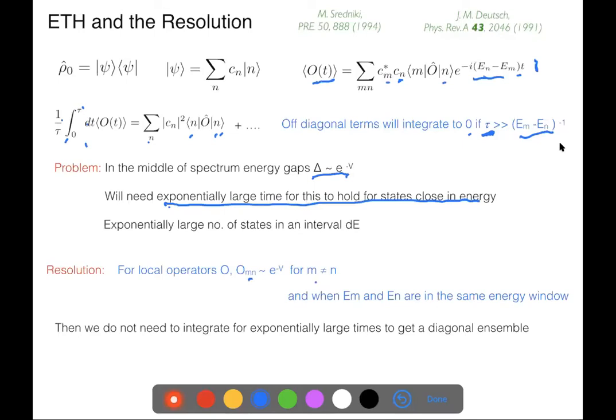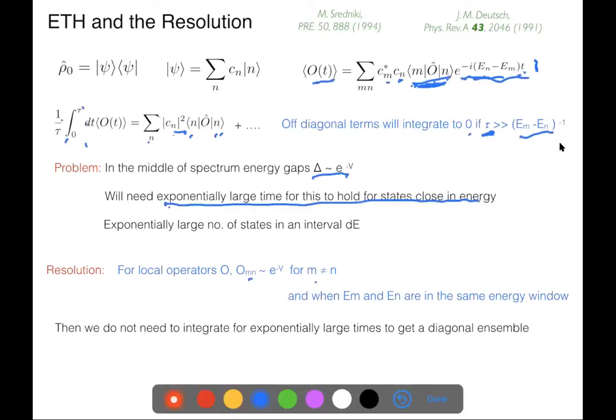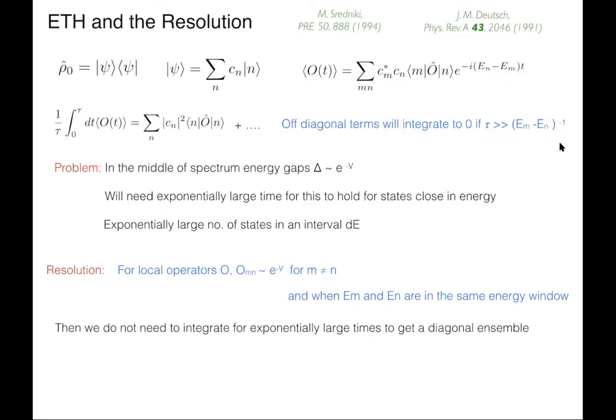So you're saying, forget about getting 0 from this integral, this is 0 essentially. We do not need to integrate for an exponentially large amount of time, because there is an exponentially small quantity sitting here, and that allows us to look at reasonable times and still say that I have a diagonal number here. I do not have the off-diagonal pieces.